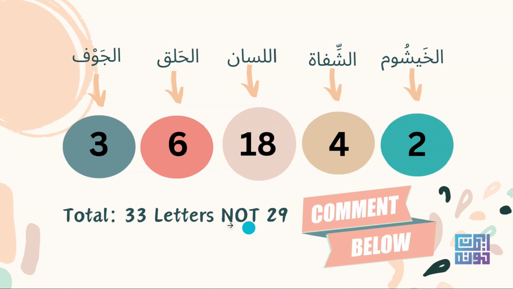So how come the total of these letters that emit from all these different articulation areas is 33 letters while we only have 29? After listening to this video, I want you to comment below in the comment section and write down the answer, the reply to this question. How come the total is 33 letters while the Arabic alphabet consists of only 29 letters?